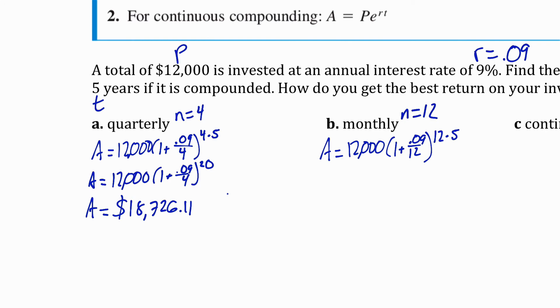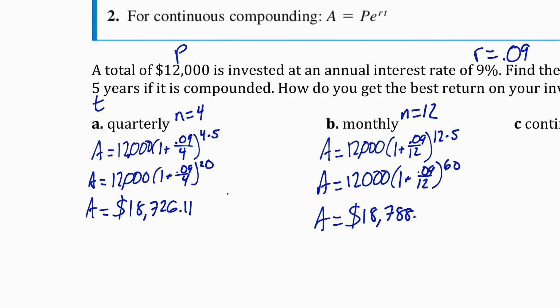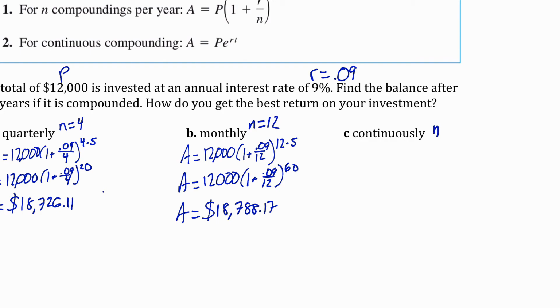Let's clean up that exponent: 12 times 5 is the 60th power. After you plug that into your calculator, your final amount is $18,788.17.